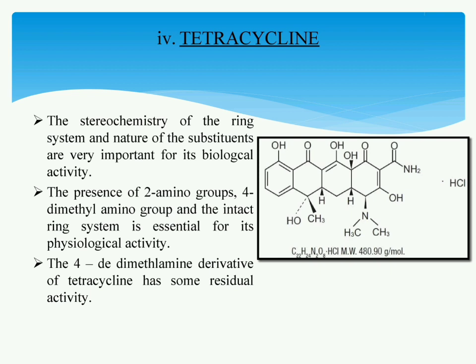Structure-activity relationship of tetracycline. The structure-activity relationship amongst the various members of the tetracycline family has been studied extensively. The high level of antimicrobial activity of tetracycline established earlier revealed that the substituents on the carbon 5 and carbon 7 were not an essential requirement.